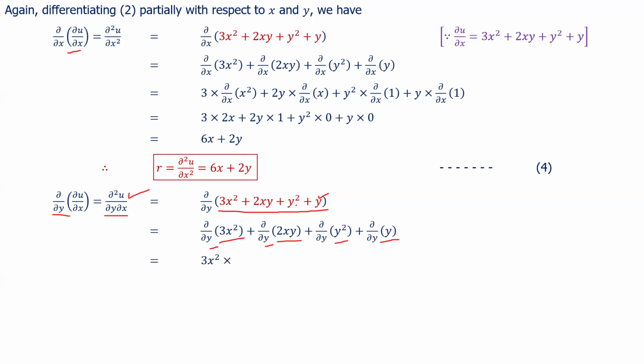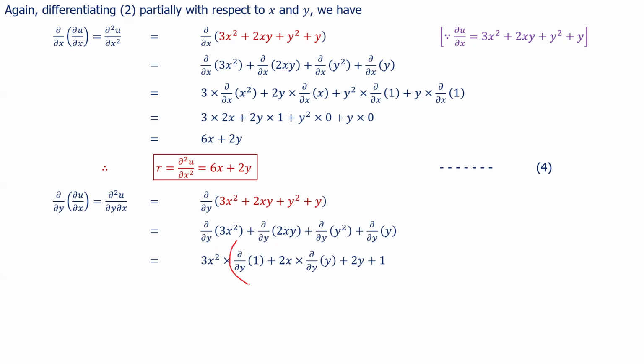If we again do the partial differentiation, the 3x square can be taken outside because it is constant with respect to y, so only 1 is remaining. Here we can take 2x outside, y is remaining over here. The partial derivative of y square with respect to y is 2y. The partial derivative of y with respect to y is 1.